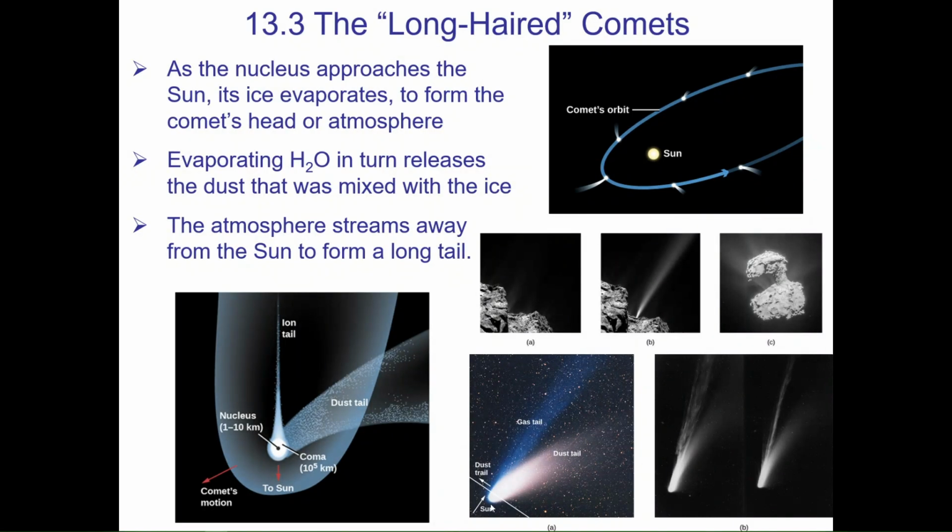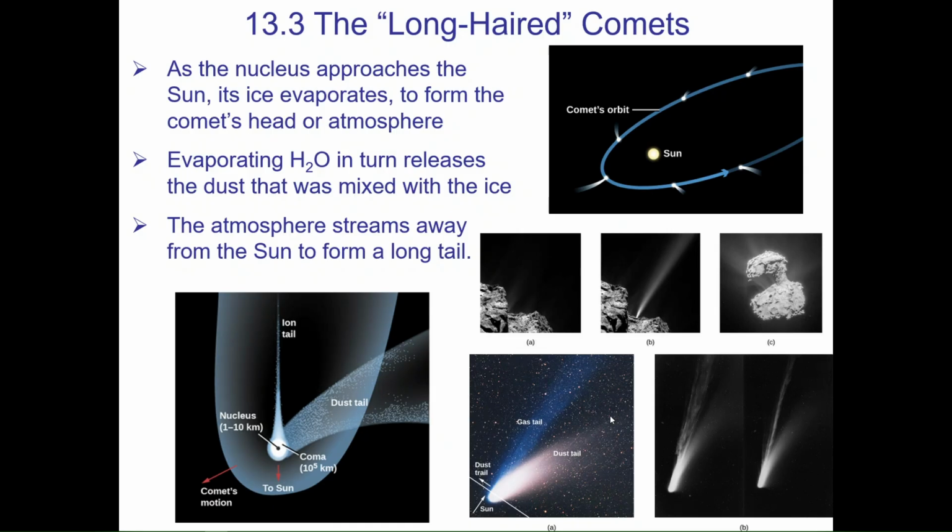However, for the comet, its gravity is so low it cannot hold back this gas or dust. So when the ice melts, the dust and the gas will basically flow away into space at about 1 kilometer per second to form these very long and beautiful tails.